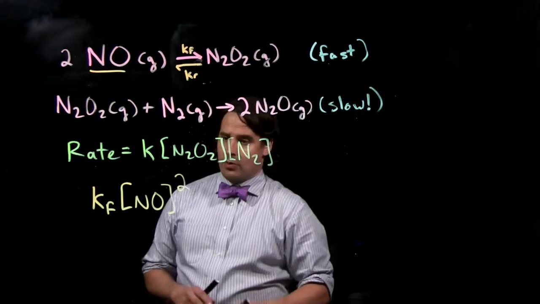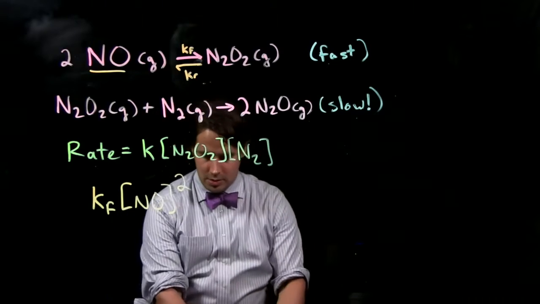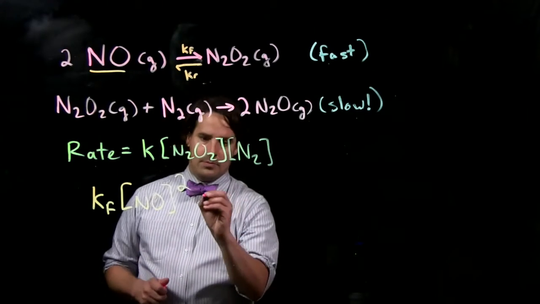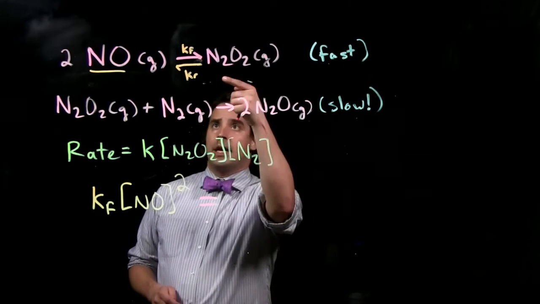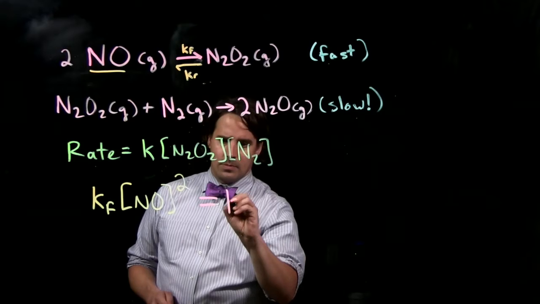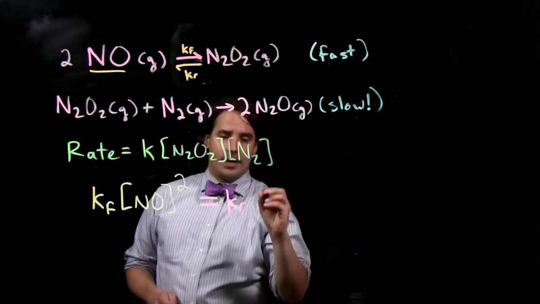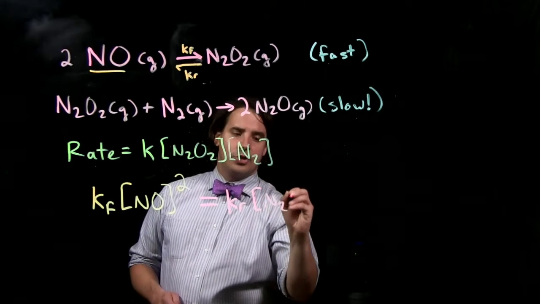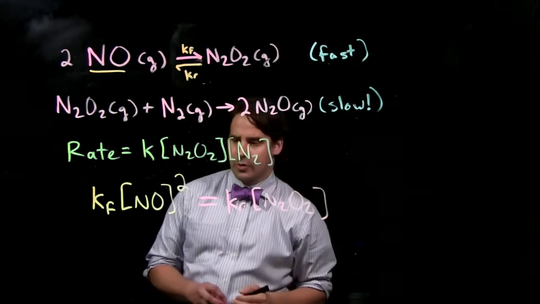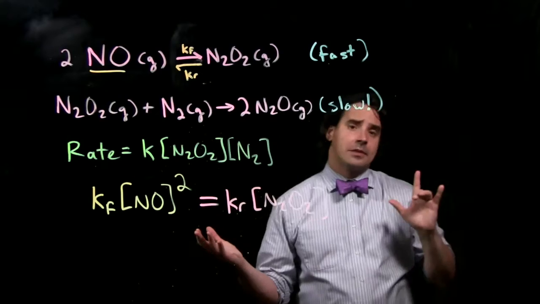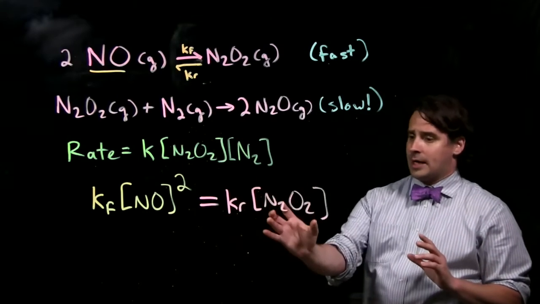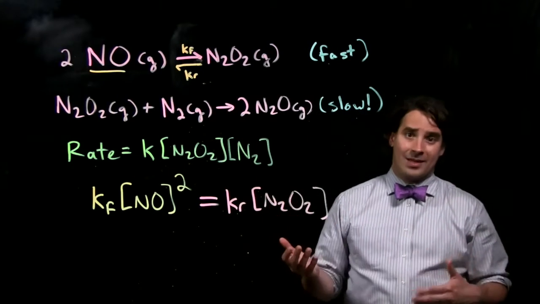And then we're going to set that equal to a reverse rate law, which would be k sub r times N2O2. Great. Now that we have this written out, our goal is to solve for the concentration of the intermediate in terms of the reactants.